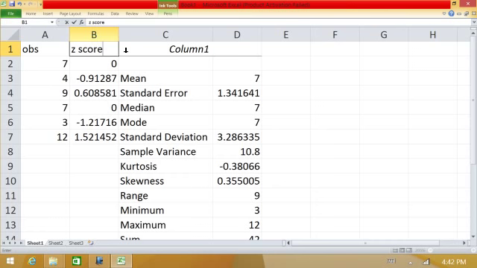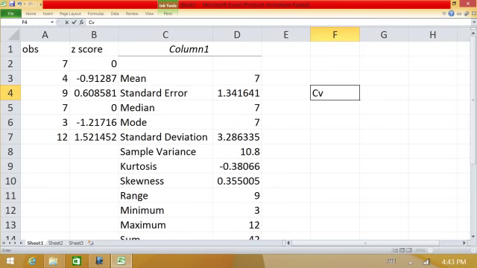So we can look, and since we do not have anything greater than +3 or less than -3, the data are pretty close to each other. And if you want to look at the coefficient of variation, we should be able to do that.